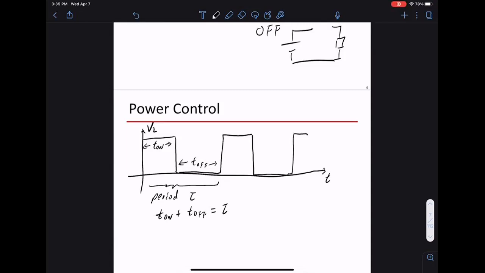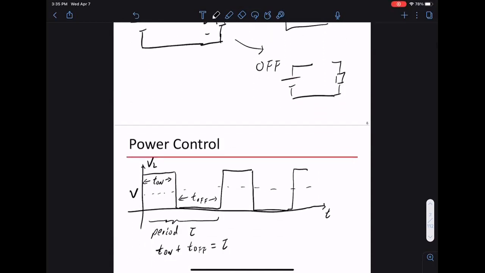Okay, so we can turn on and off. Then you can look at what my average voltage is. Let's call this average voltage V. Let's say the peak here is VDC.